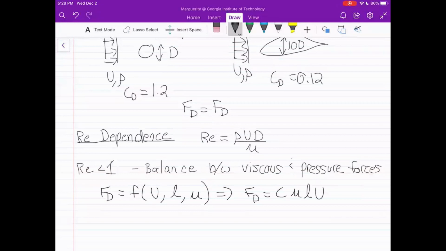I just want to point out this C is not the drag coefficient. The textbook I was using used C, and I wondered why C, but I didn't want to change it. It's different than the drag coefficient, and it accounts for the shape of the body, so it'll be different for different shapes of bodies.